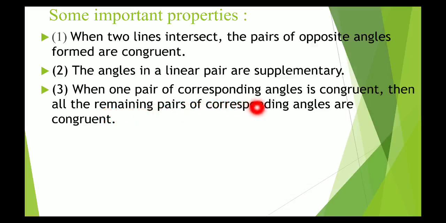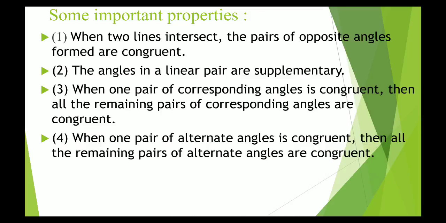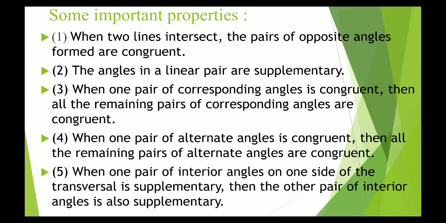When one pair of corresponding angles is congruent, then all the remaining pairs of corresponding angles are congruent. When one pair of alternate angles is congruent, then all the remaining pairs of alternate angles are congruent. When one pair of interior angles on one side of the transversal is supplementary, then the other pair of interior angles is also supplementary.